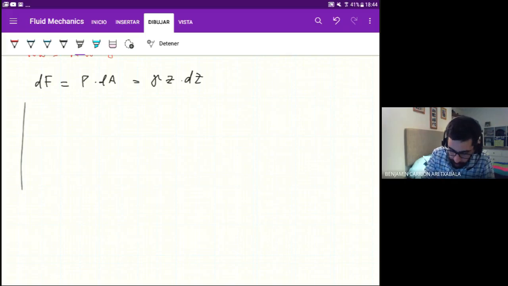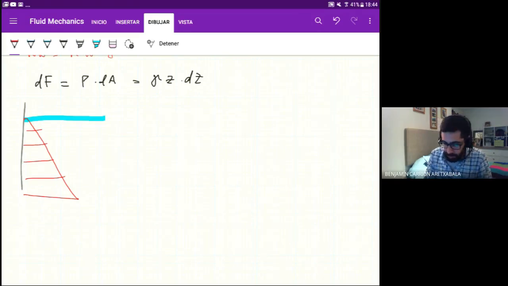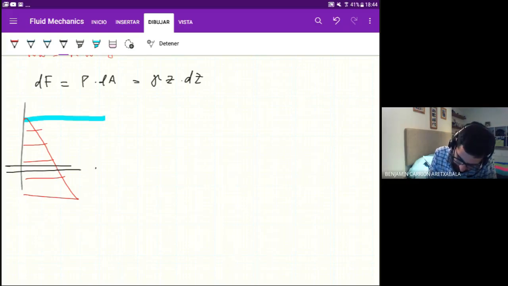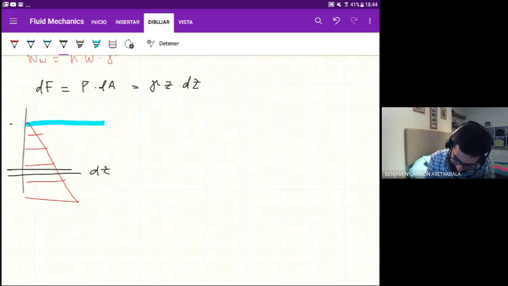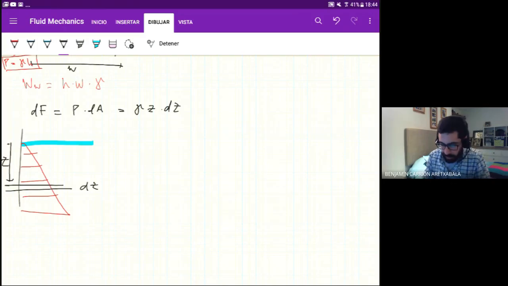Let's say we have a wall and we have water here. And we know that the pressures distribute linearly. So if we take a really small layer of width dz, and we're measuring z as the distance from the free surface, so this is going to be z.